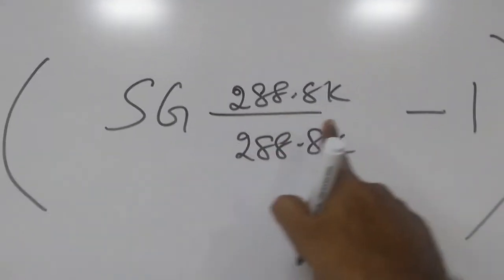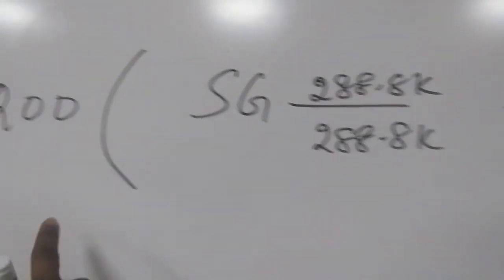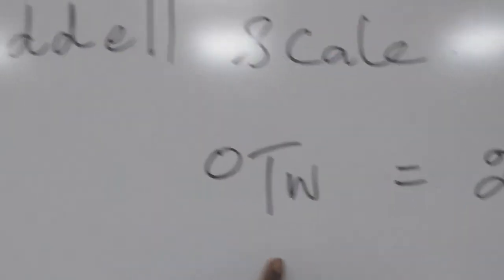So specific gravity minus 1 into 200 gives the Twaddell scale.